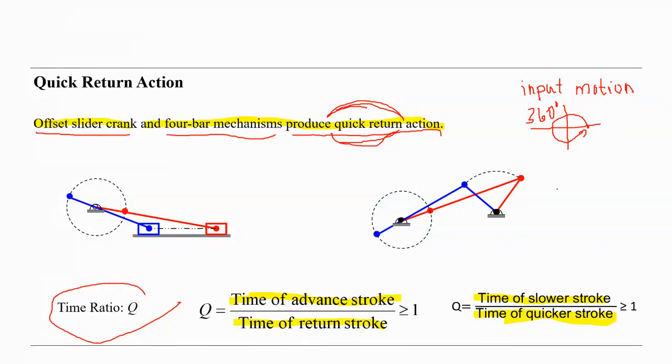So the advance motion and the other one is the return motion.